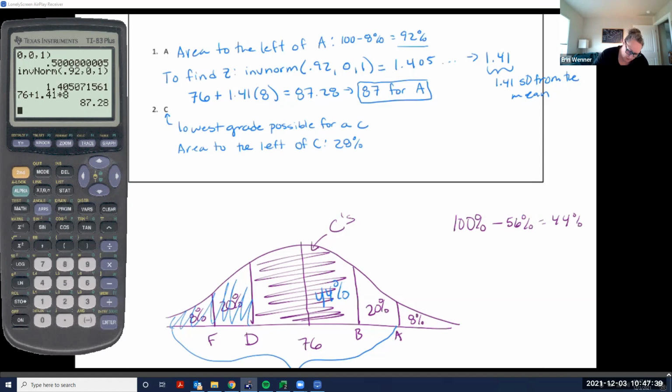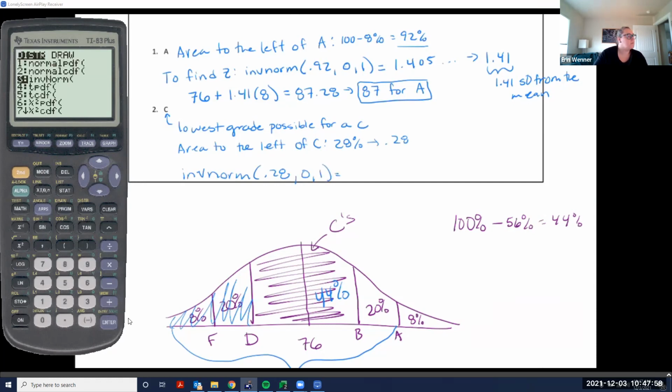So we're going to do inverse norm of 0.28, right? 28% becomes 0.28, comma 0, comma 1, end our parenthesis.